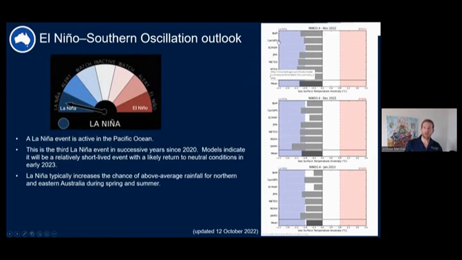Then we have a model from Canada, from Europe, from Japan, France, and from the US, and then UKMO is the UK Met Office. So at the moment, the outlook for the month of November is showing fairly good agreement among the models, with almost all of them showing a continuation of the current La Nina into November.